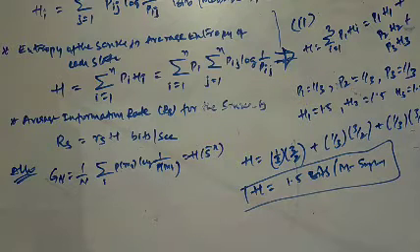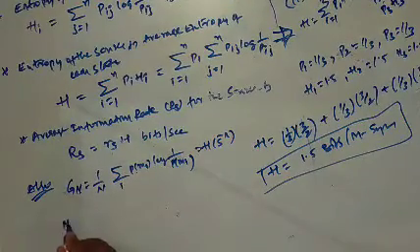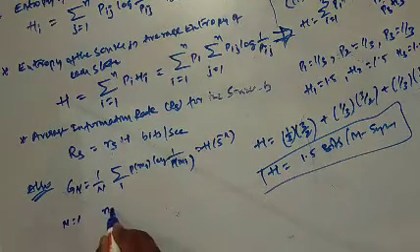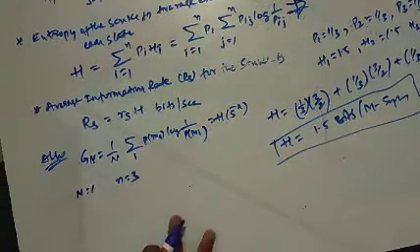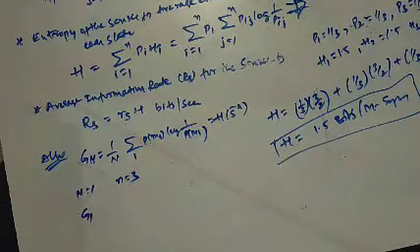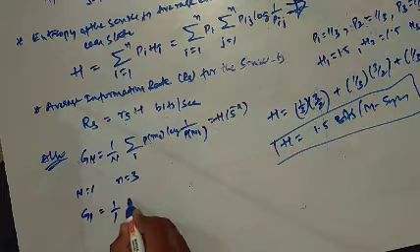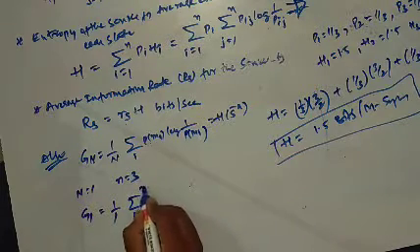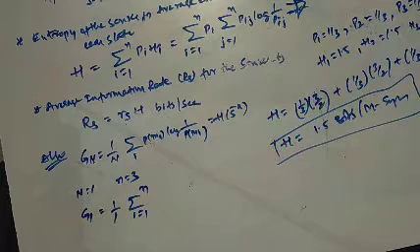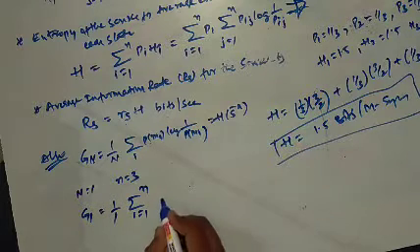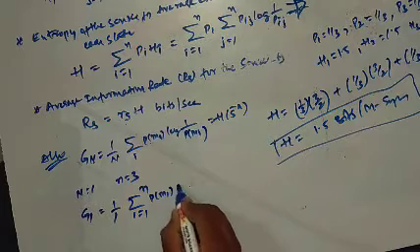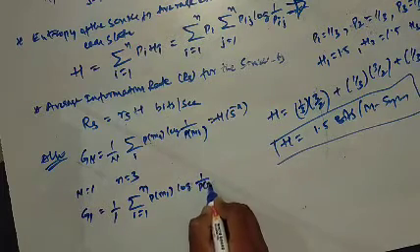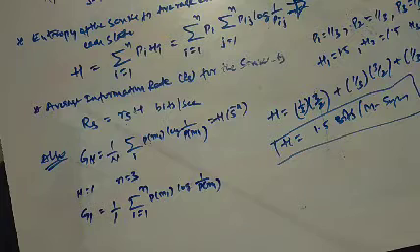You can find G1, G2, G3. See, n is equal to 1, then small n will become 3. So G1 is equal to 1 by 1, where i varies from 1 to n, of P of Mi log 1 upon P of Mi.